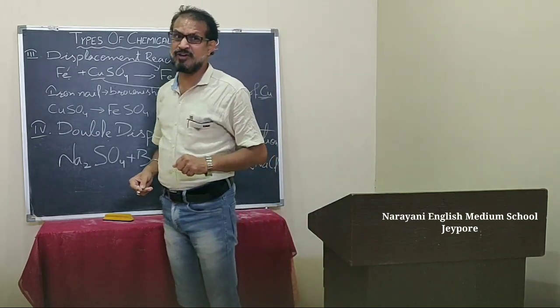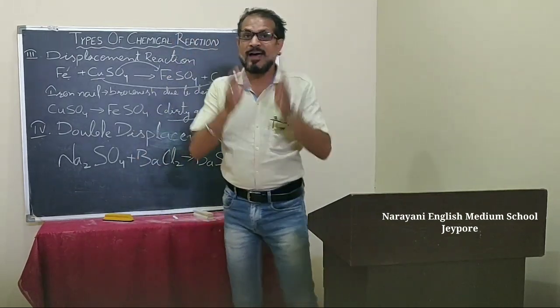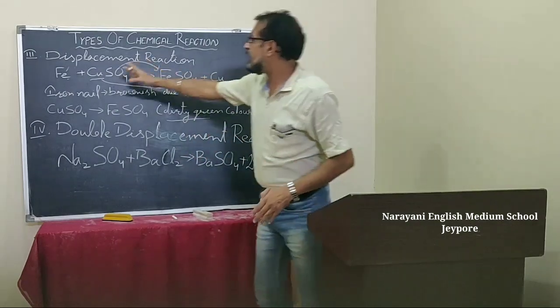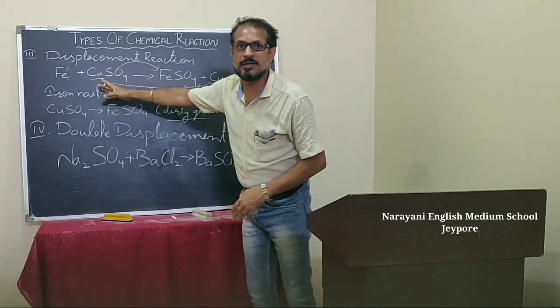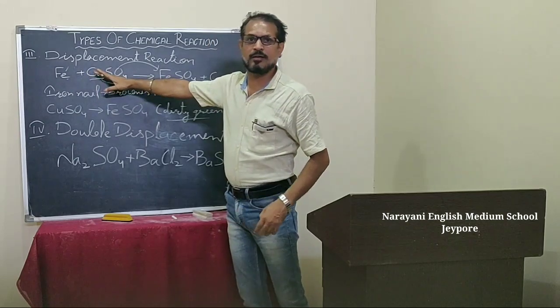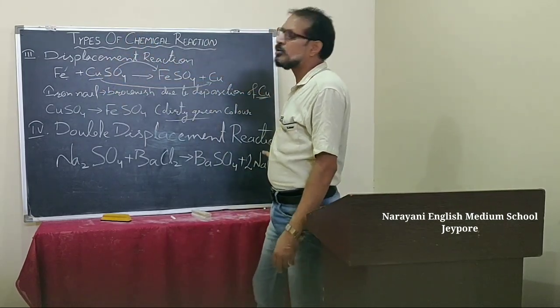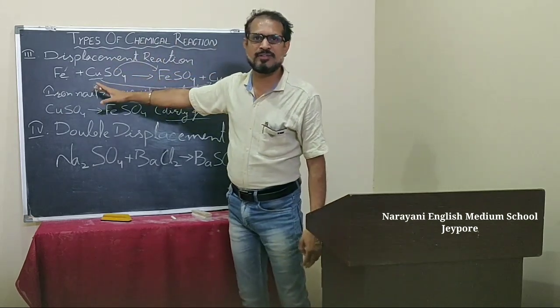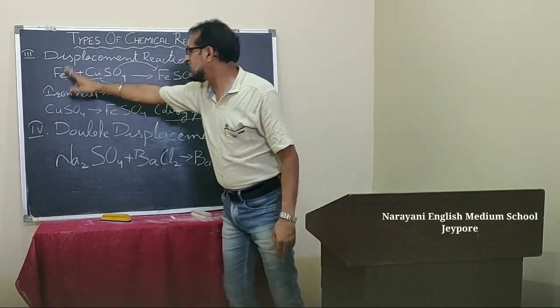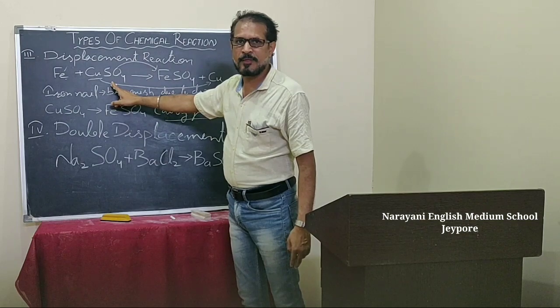So what is displacement reaction? In which one or more elements or atoms are displaced from their chemical base and one or more things come in place of that. So here, iron plus copper sulfate.